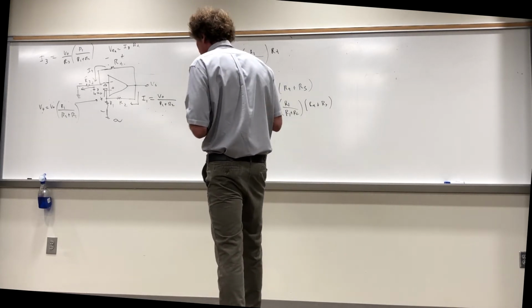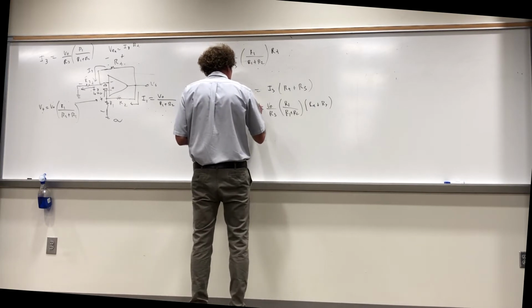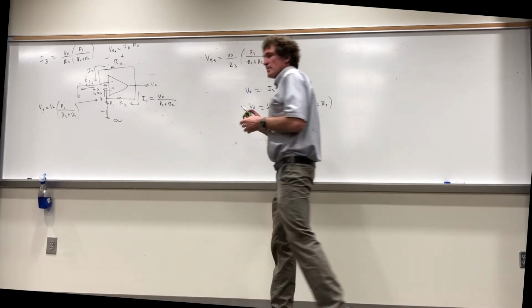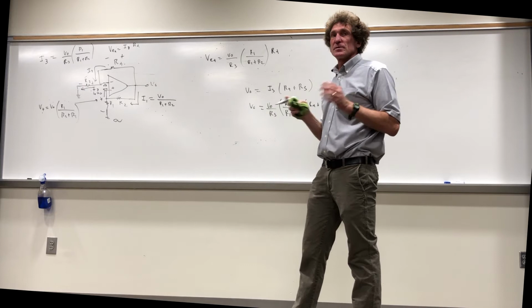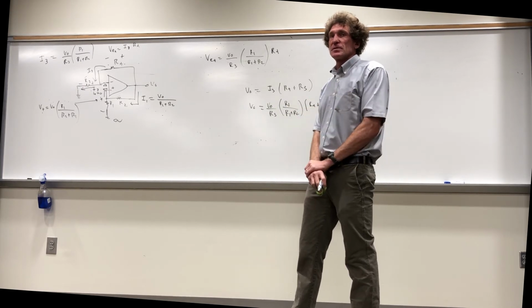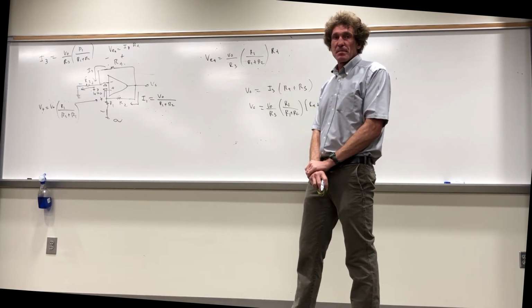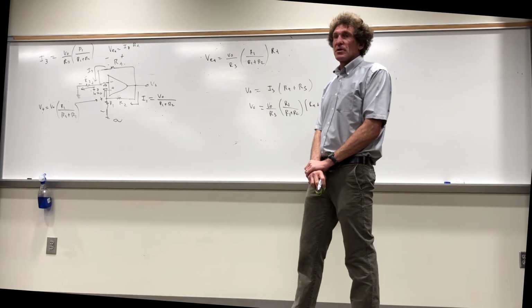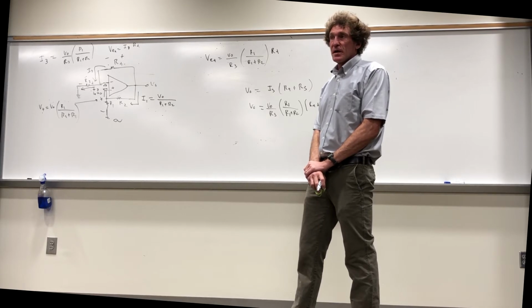Correct, class? And that's equal to V out. Are you with me? Now, I didn't put any voltage source in here. What you'll notice is the voltage V out cancels on both sides, and what you get are ratios of resistors that will cause the circuit to actually operate.